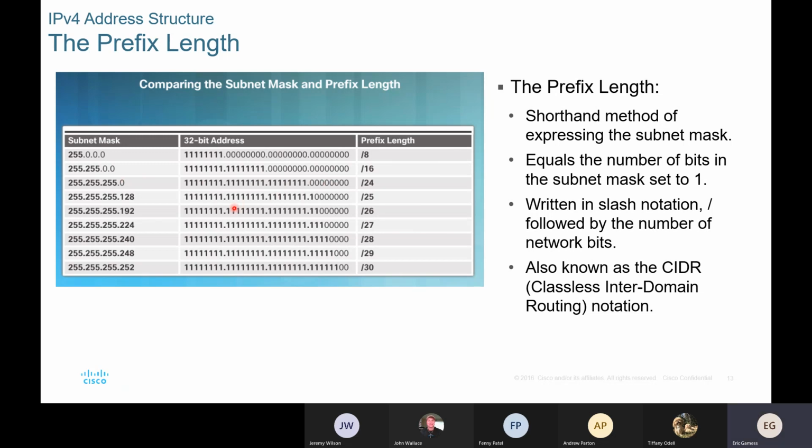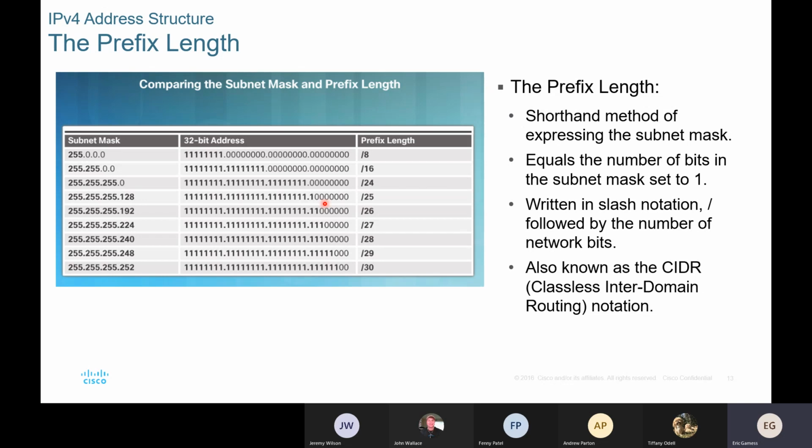Now look at this example that we have not seen so far. We have twenty-five 1s: 8 plus 8 plus 8 plus 1. So the forward slash notation will be forward slash 25. And of course I have seven 0s.